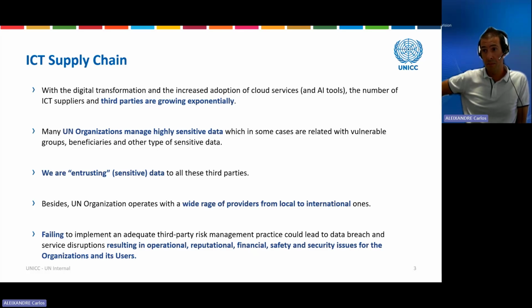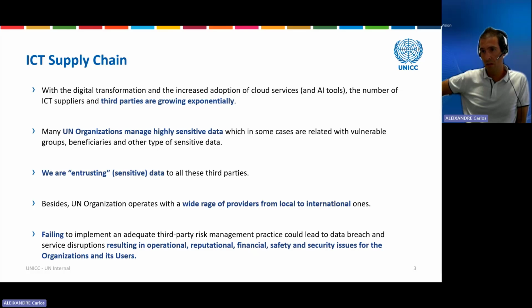So business disruption is if we are not able to provide services or deliver our mandate, we can have reputational damage and loss of trust from our member states, from our donors, from our users in our mandate. We may have financial issues if we need to run incident response, if we need to run forensic analysis, if we have claims from our users or litigation.